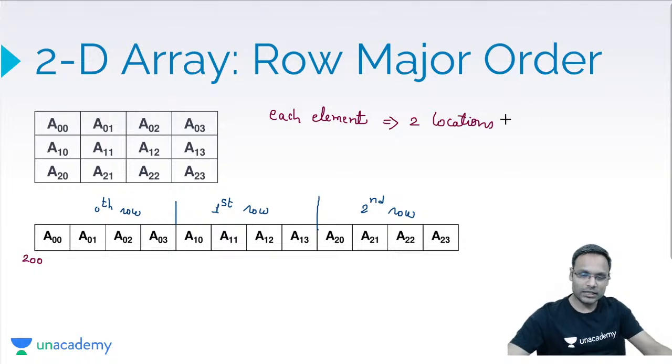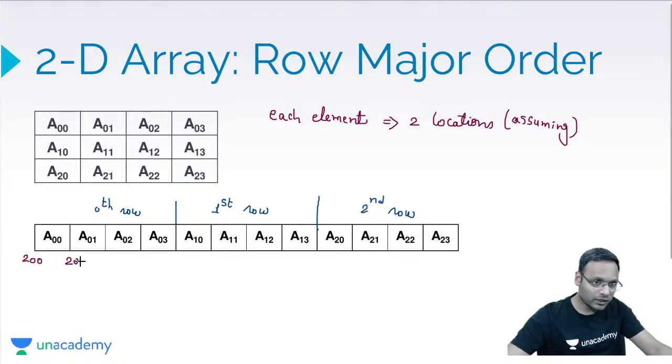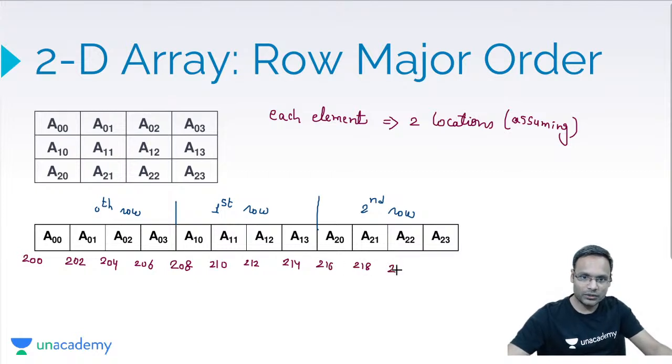Right? So the next element 0 1 will start from 202. The next element starts from 204. Next 206, next 208, next 210, this 212, and so on up to 220, 222.